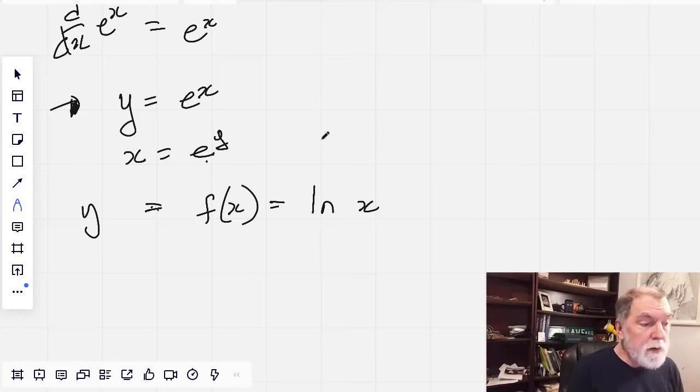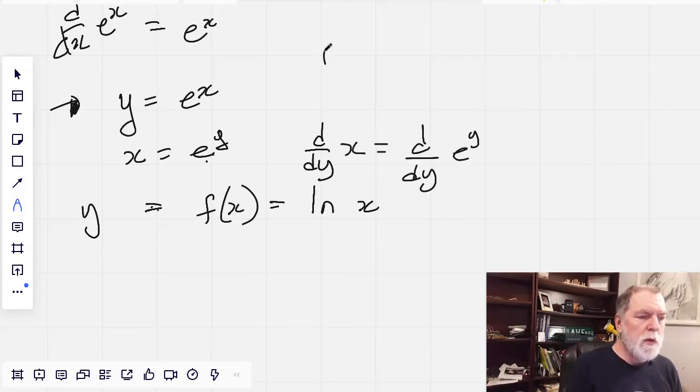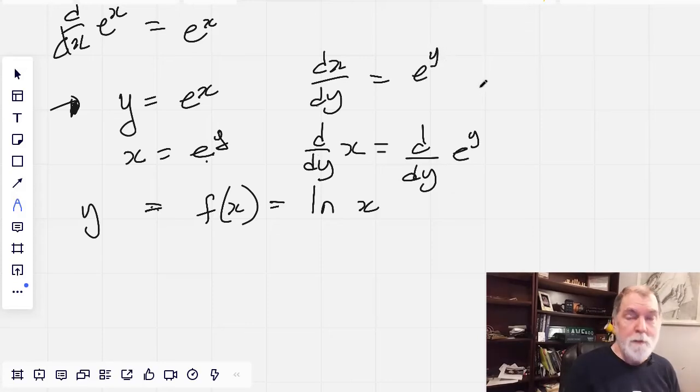Let's find the derivative of this new function. Let's take the derivative d by dy of x on both sides. We'll just keep this side as dx by dy, and this side ends up being unchanged. Fair enough.